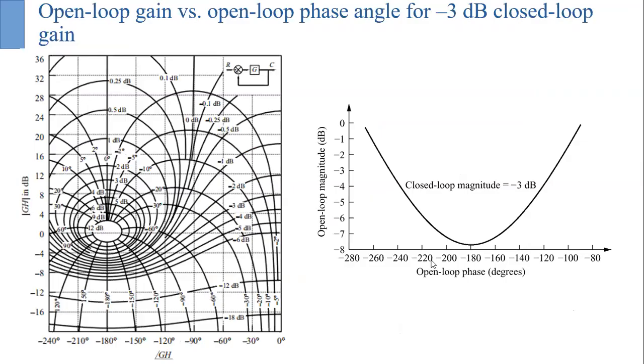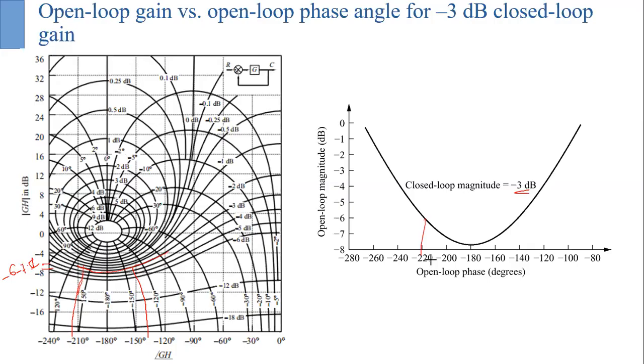As you can see here, the minus 3 dB line is shown, and that is approximately between minus 6 to minus 7.5 dB, and the frequency range is approximately between 225 and 135. Within this range, if you have your frequency, then you can say that this is your bandwidth, or minus 3 dB frequency.